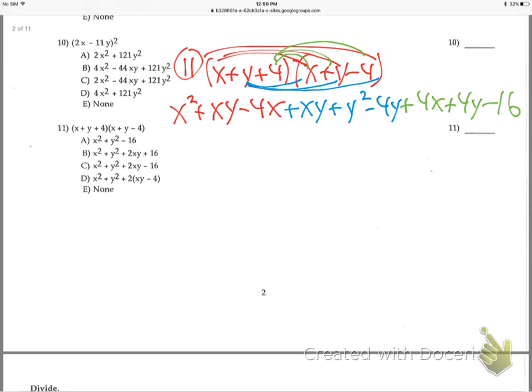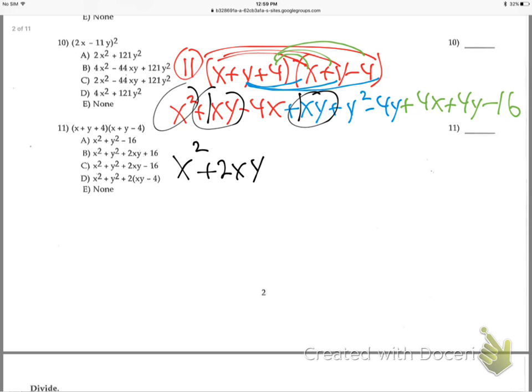Now, gather like terms. Let's see, I'm just going to underline them, I'll circle them as I go. X squared. Is there any other x squareds? Doesn't look like it. XY, another XY. What do I do with an XY and an XY? Yeah, and what numbers are in front of them? There's an invisible 1, so 1 and 1 makes 2. You don't mess with the powers, you just add the numbers in the front, right? You only change powers when you're multiplying, right?